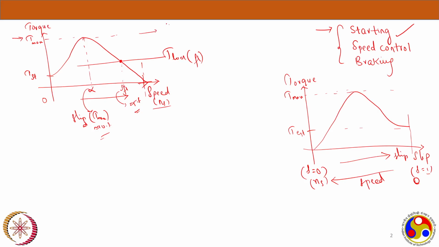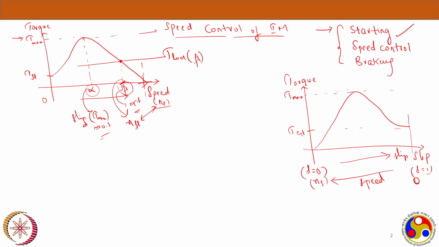Let me just write here the concept which we are discussing. Now I want to supply this particular load torque at different speeds. From this figure, we can see the speed at full load torque, N_FL, is almost close to synchronous speed, N_s.